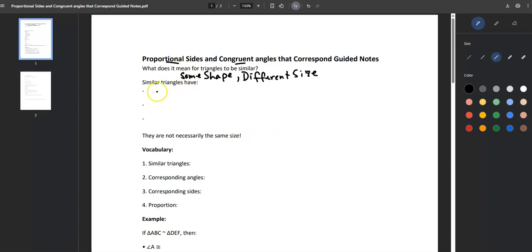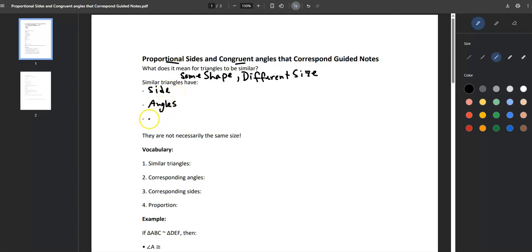So triangles have sides and they have angles. For each of these, you need to make sure that the sides are going to be proportional and the angles are going to be congruent. We're going to talk about those.